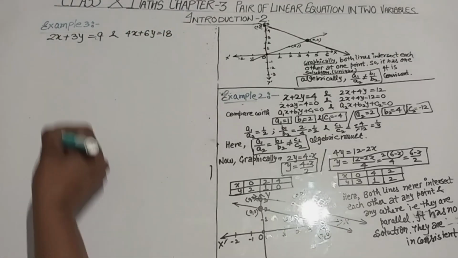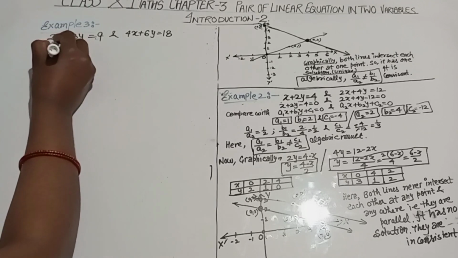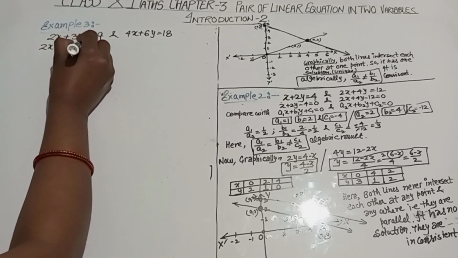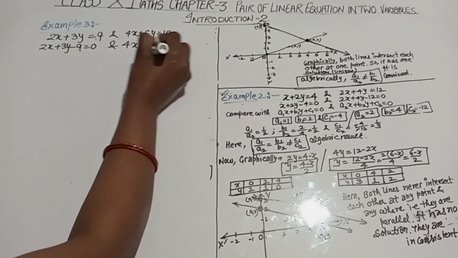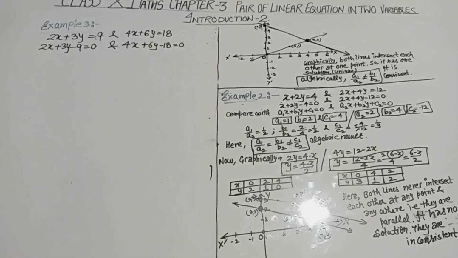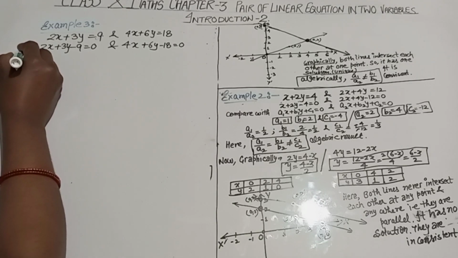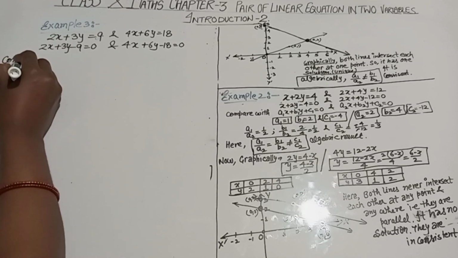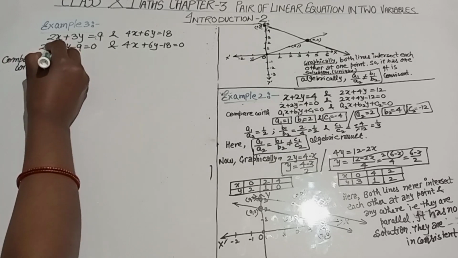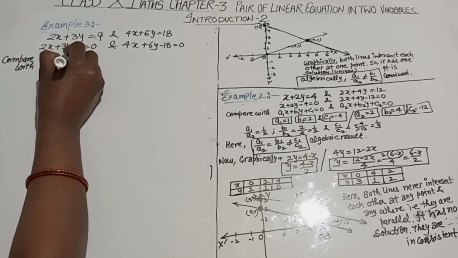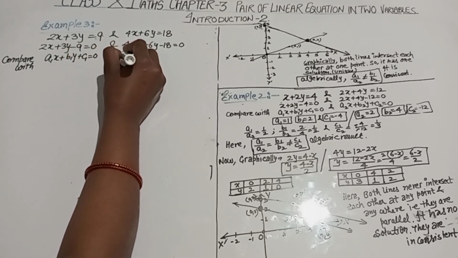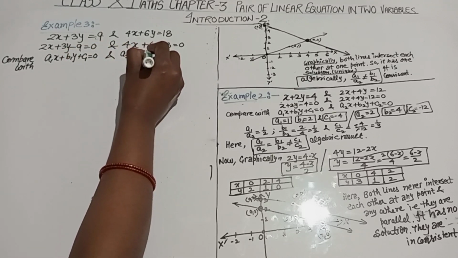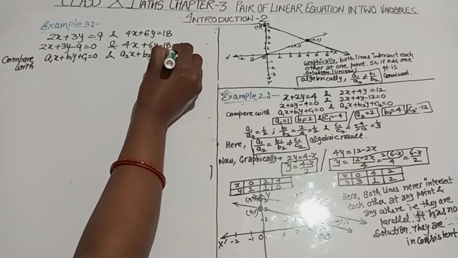Okay. So now we are writing it in ax plus by plus c form. So here 2x plus 3y minus 9 is equal to 0 and 4x plus 6y minus 18 is equal to 0. Okay. Compare with a1x plus b1y plus c1 is equal to 0 and a2x plus b2y plus c2 is equal to 0.